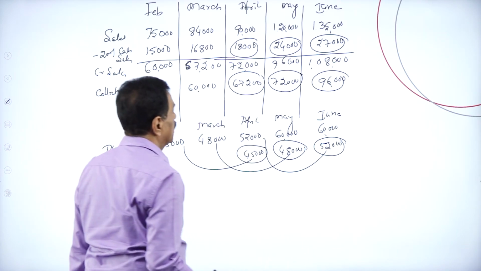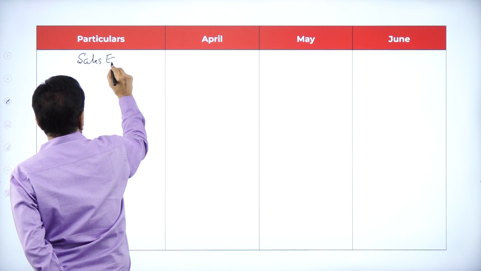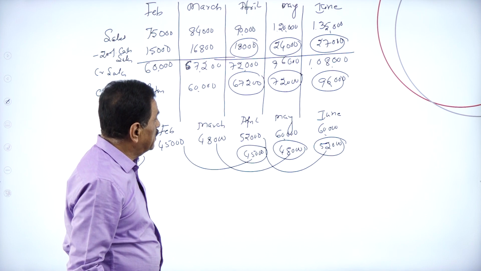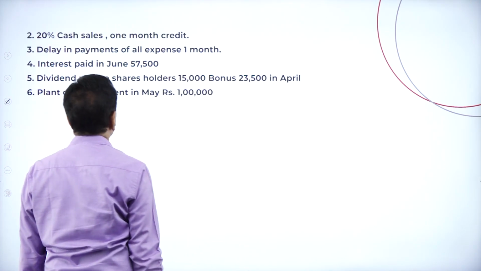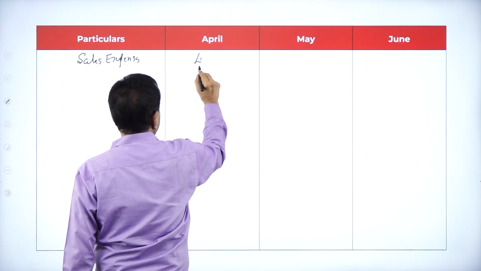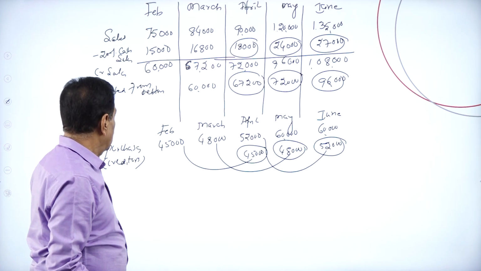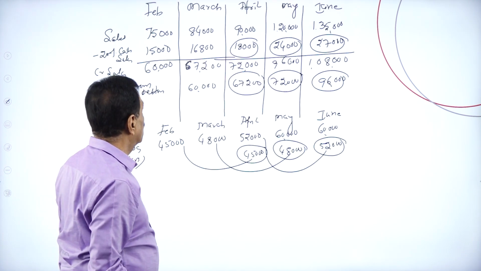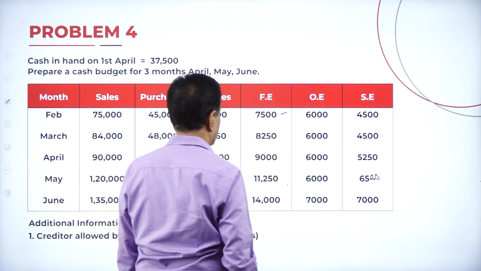Then sales expenses, one month gap. What are the sales expenses? So March in April, 4,500. April in May, April, 4,000. May, see that?